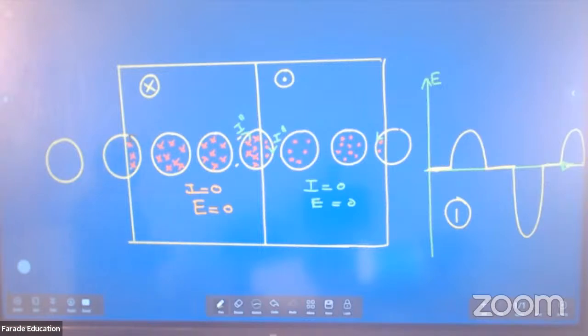As the circular loop enters, the number of field lines going through it will increase.